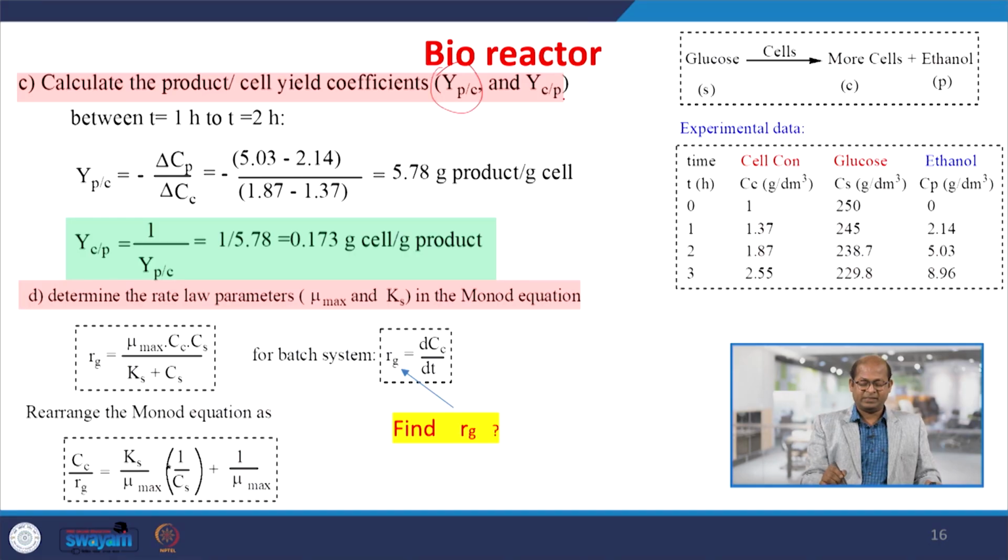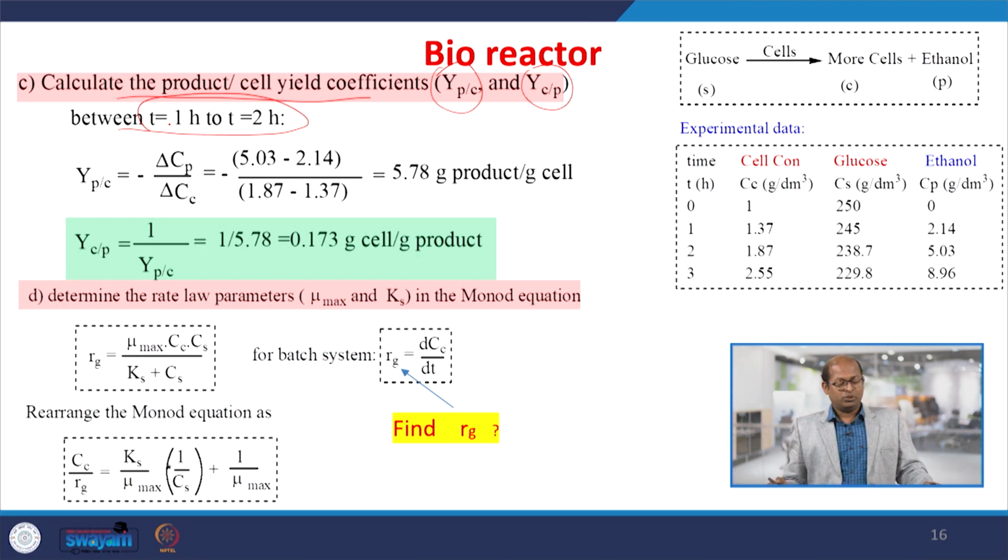So, next is the product and cell yield coefficients. If you want to find out between time 1 to 2 hours, if we compare 1 hour to 2 hours, within that, this is the product and this is the cell. So, these are the components we have to use to find out YPC, the yield coefficient for product per unit of cell.